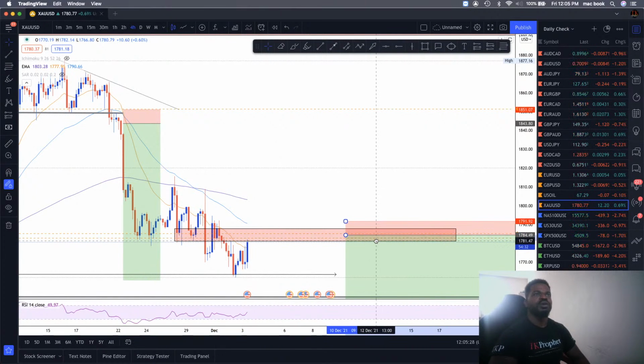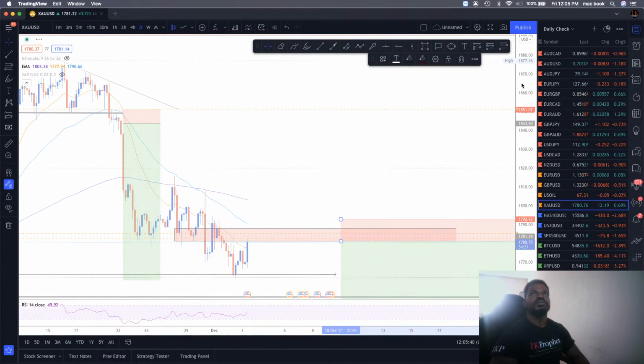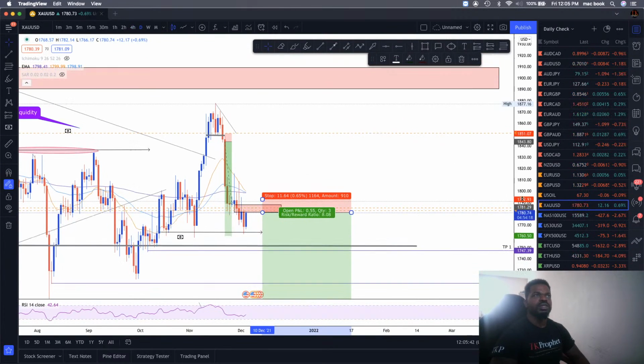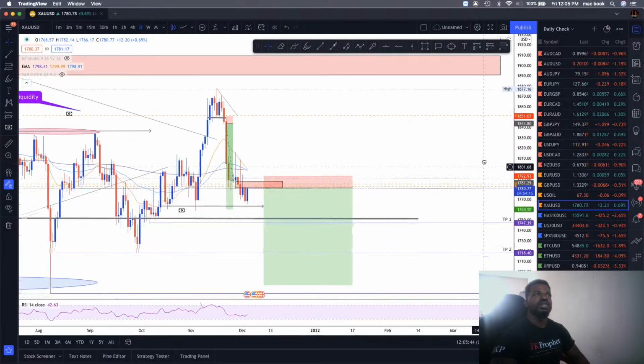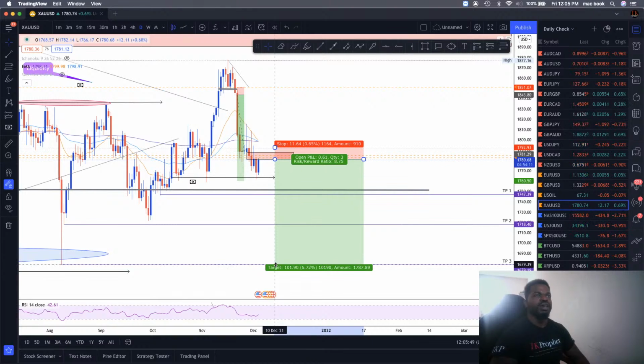So we should probably wait for here to give ourselves a better entry on gold. Move our stop loss up here. Now let's see how this plays out.